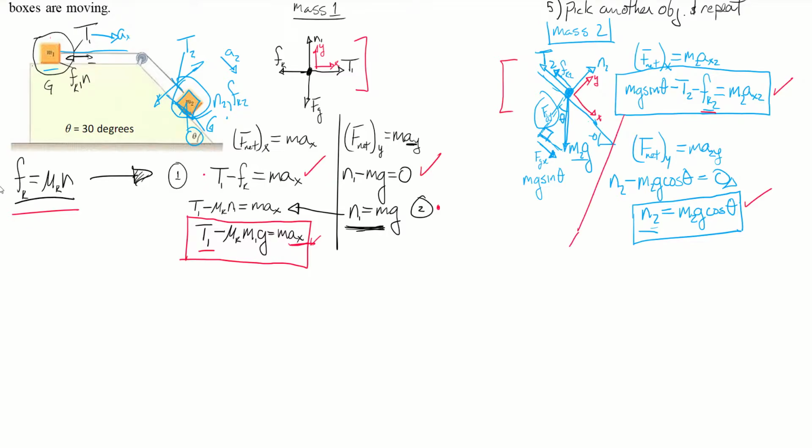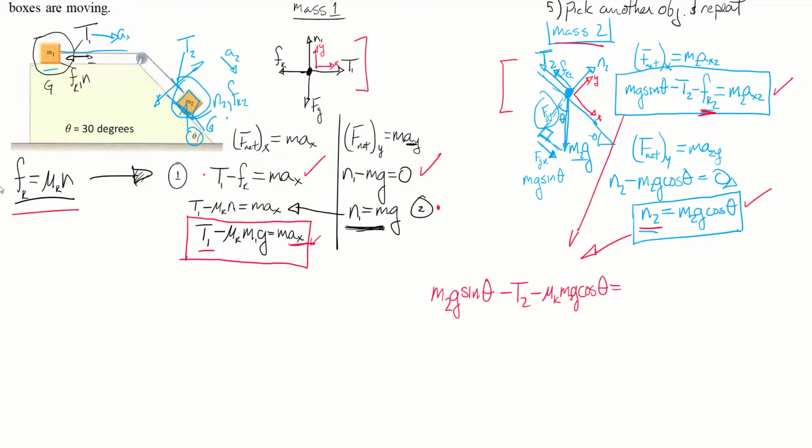So if we bring this equation down and then plug this normal force into our equation for friction, this system of equations for mass 2 can be reduced to m2g sine theta minus T2 minus friction, mu k times N, so that coefficient of kinetic friction times this normal force, m2g cosine theta.